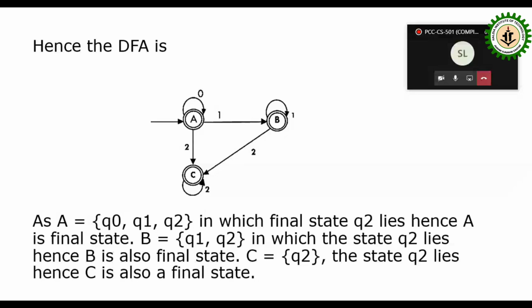Here A equals Q0, Q1, Q2; Q2 lies in it, hence A is a final state. B contains Q2, hence B is also a final state, and C itself is Q2, so C is also a final state. All right, so that is the procedure to get a DFA from an epsilon NFA.